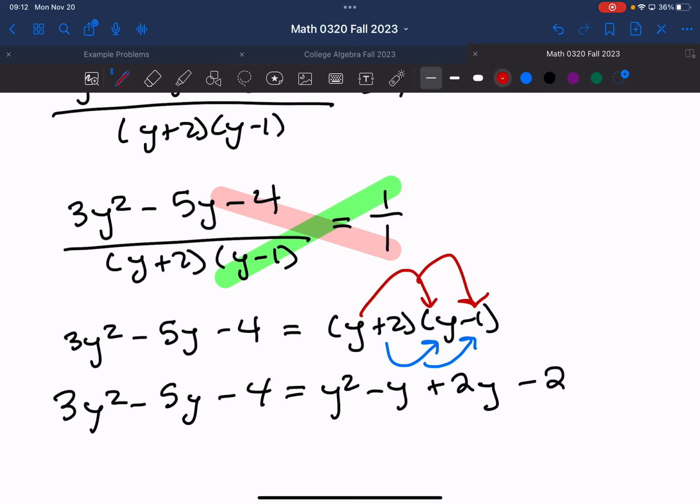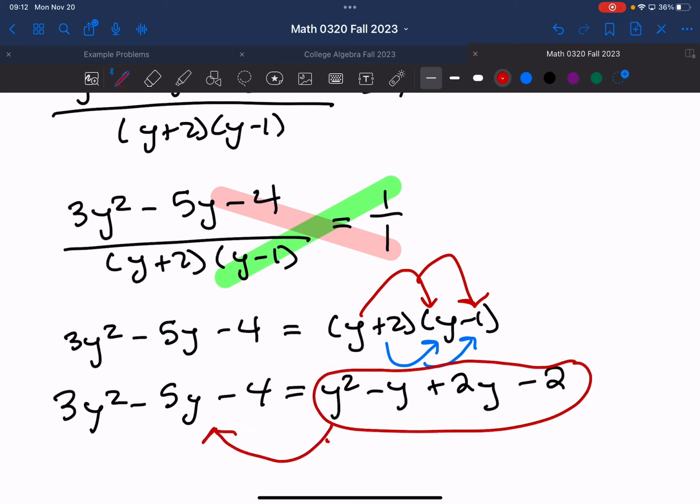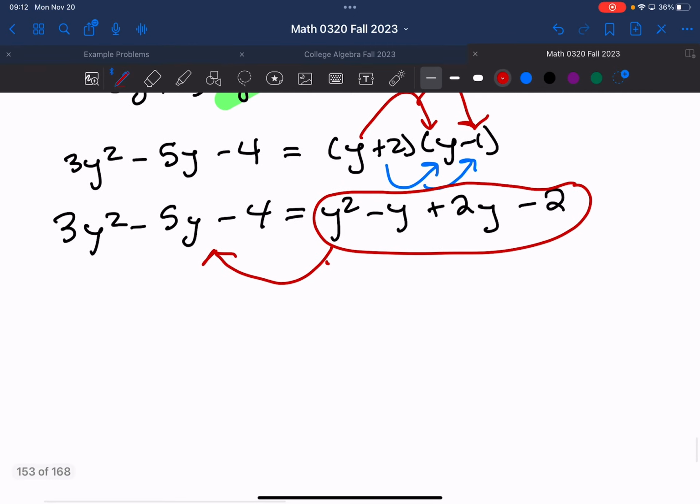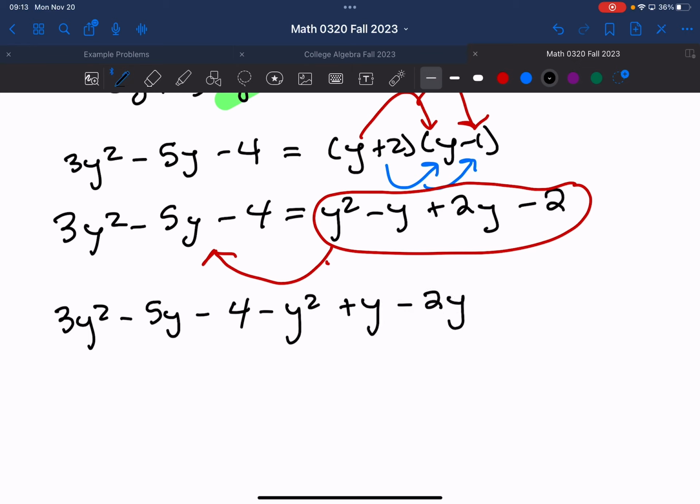So now I'm taking this entire side and I am moving it over. Which means when I move it over, the opposite signs are going. So it's going to be a minus y squared, a plus y, a minus 2y, and a plus 2. So I have 3y squared minus 5y minus 4 minus y squared plus y minus 2y plus 2 equals 0.